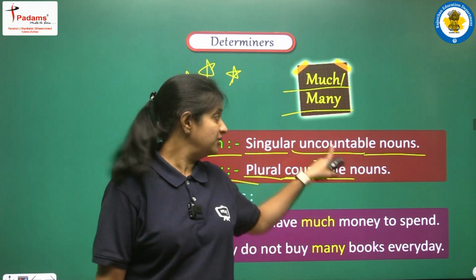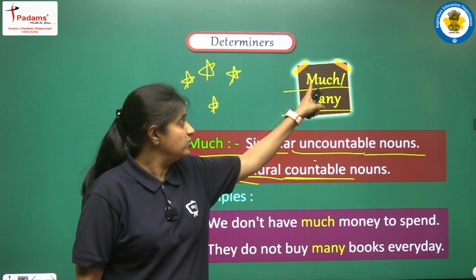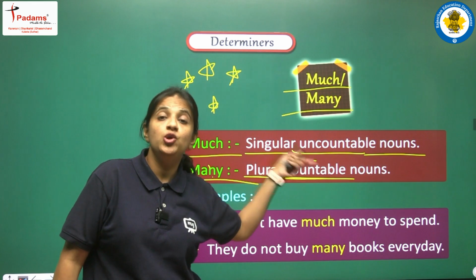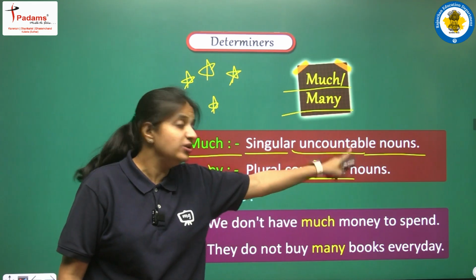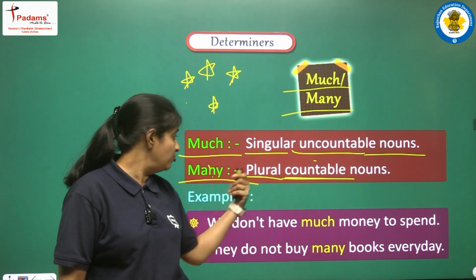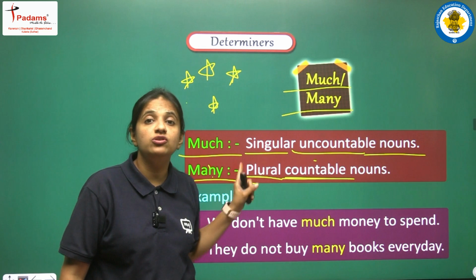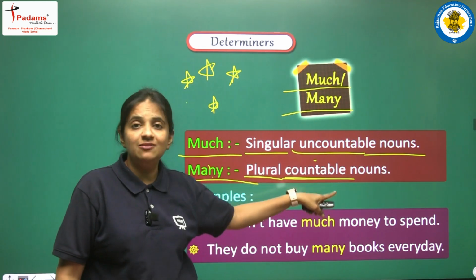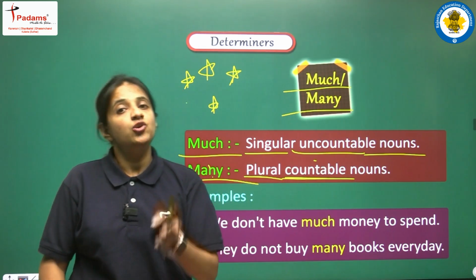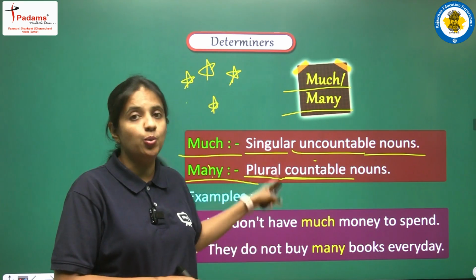Clear? I hope this term is clear because it will be there when we are using much and many. So for that you have to understand that the noun is a countable or uncountable one. If the noun will be countable you have to use many, and if the noun is uncountable you have to use much. So these two terms it will be very much clear. You have to identify, you have to differentiate between these two words, okay?